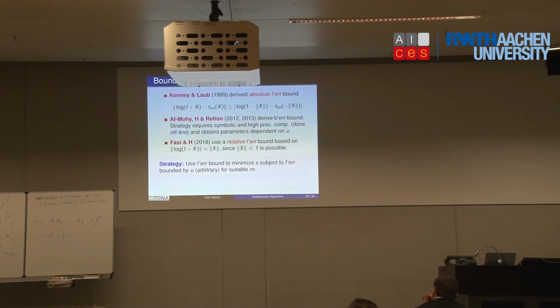So that is the forward error that we're bounding there, true minus computed. Another approach that I've used in recent years with my colleagues, Al-Mohy, a former student, and Relton, another former student, is to look at backward errors. So we ask a different question.